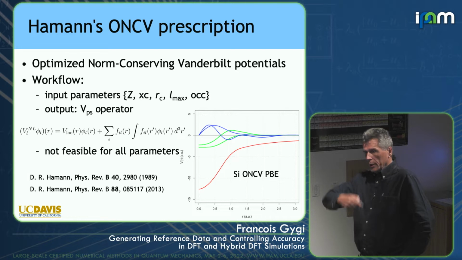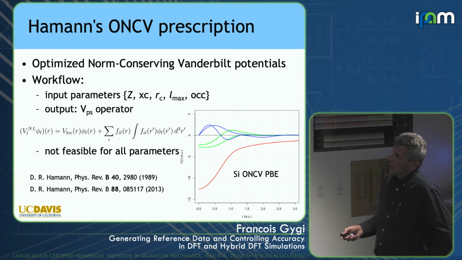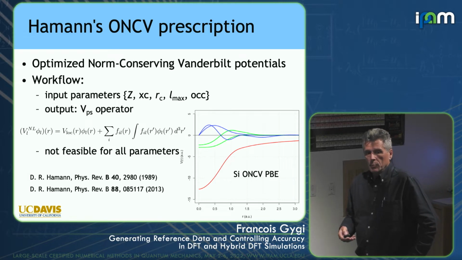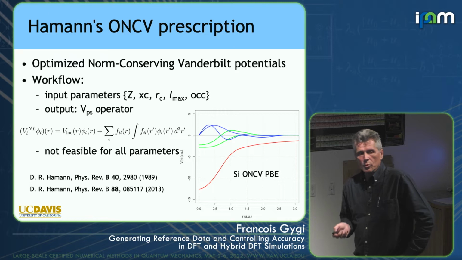And there is a later elaboration and refinement of that, which was developed by Don Hamann, and which is called optimized norm-conserving Vanderbilt potentials. This is a complicated recipe. It takes care of many things, and we don't really have the time to go into the whole detail.